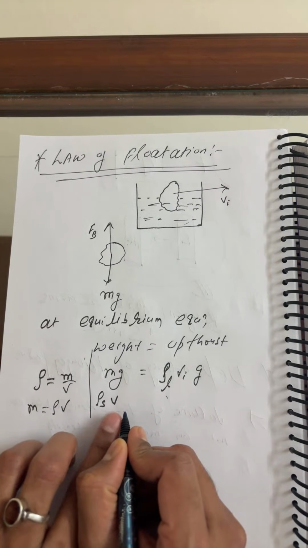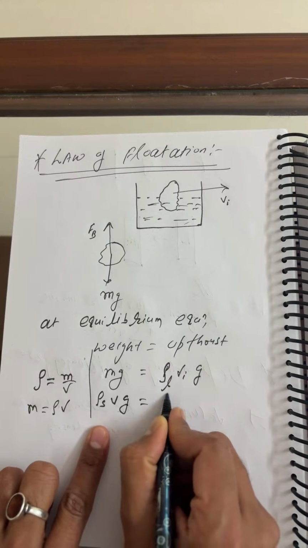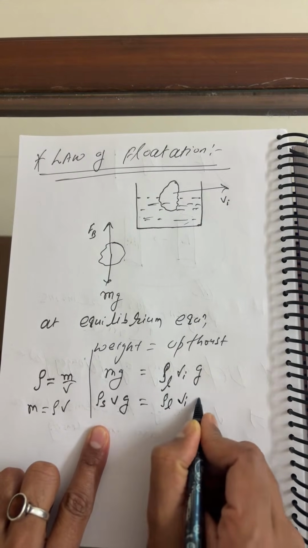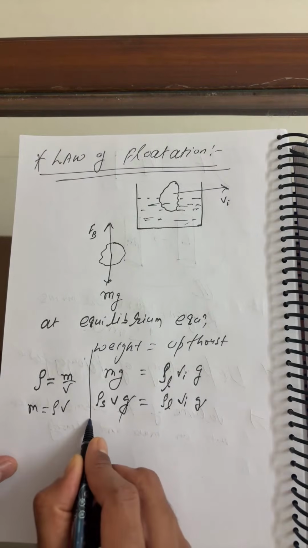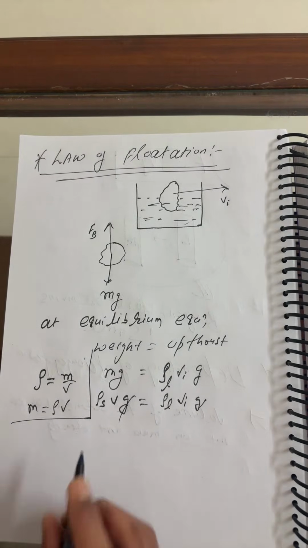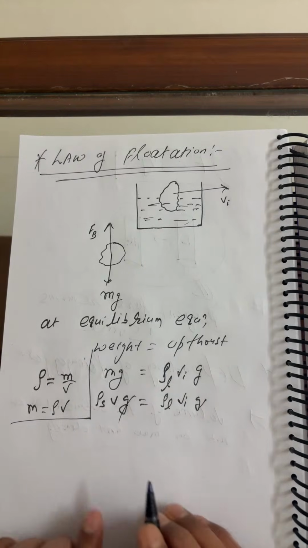V is the total volume of the solid. This is Vg equals density of liquid times volume immersed times g. The g cancels. This is a very common question, we have to remember.